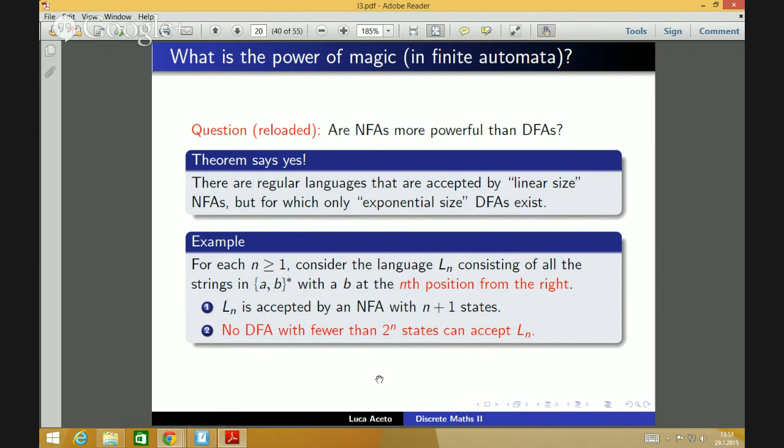Why? Because the fact that they have the same power doesn't mean that they are equally easy to use. It doesn't mean that they are equally efficient, which is important in computer science. It doesn't mean that they need the same amount of memory when they execute, which is also important in computer science.